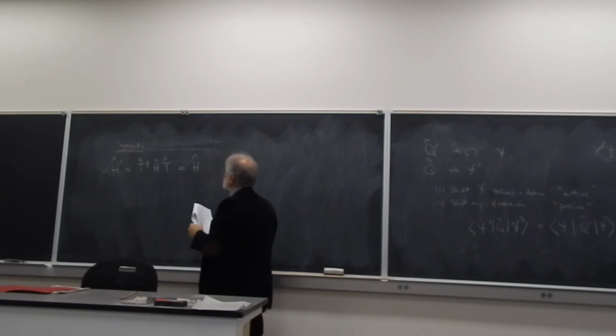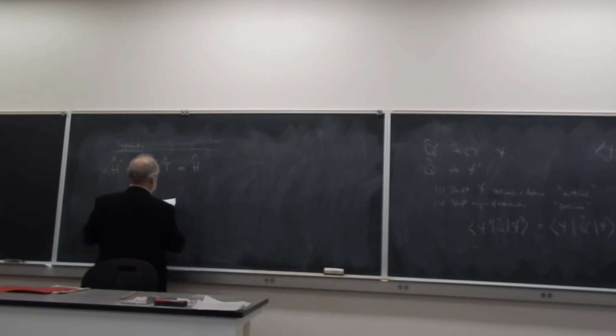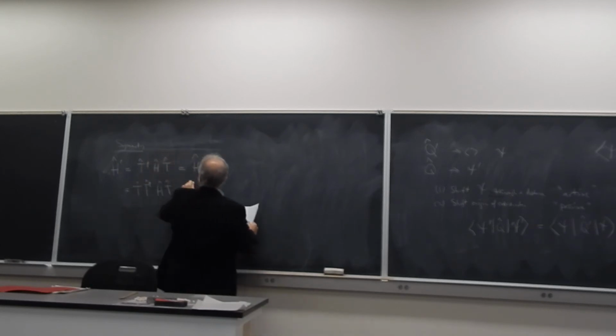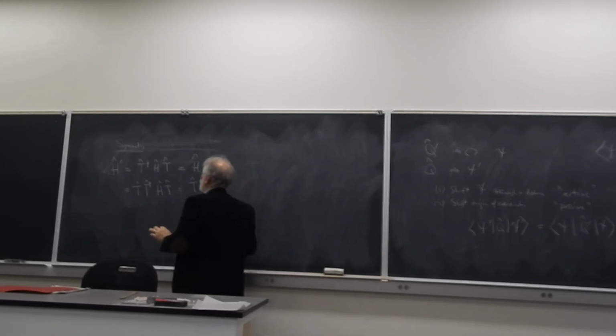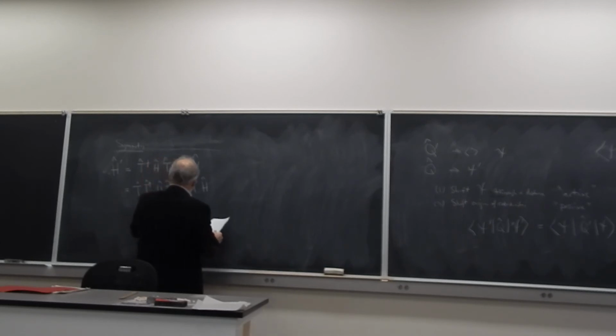Now, since my translation operator is unitary, I can multiply both sides of the equation by T. So if I do that, I can write this as T H T† = H, which tells me that HT is equal to TH.